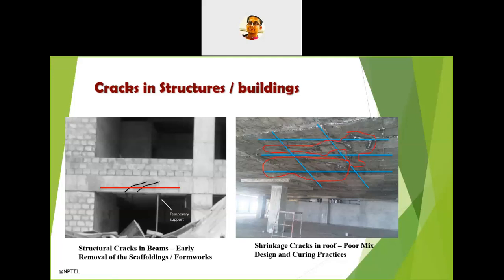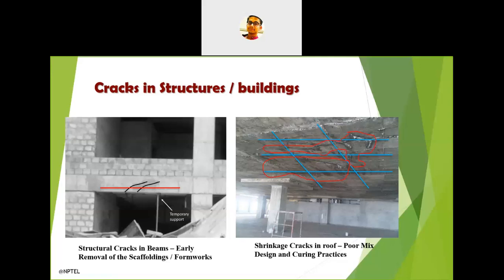So I got a lot of queries like how the old structures are still standing erect and all. I hope in the last session also we discussed this topic. And nowadays, in very new structures, within some 5 years, within some 10 years, we get some corrosion.